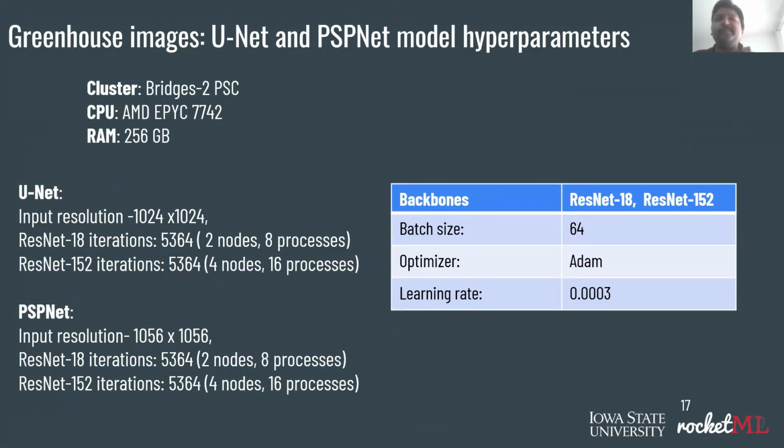The UNet and PSPNet models were trained with two different backbones, ResNet 18 and ResNet 152. The two models with ResNet 18 backbone were trained on 2 nodes and 8 processes. There were 4 processes in each node. All 4 different models were trained for 5364 iterations. We used a batch size of 64 and the Adam optimizer with a learning rate of 0.0003.